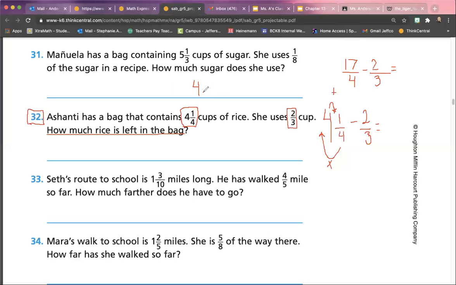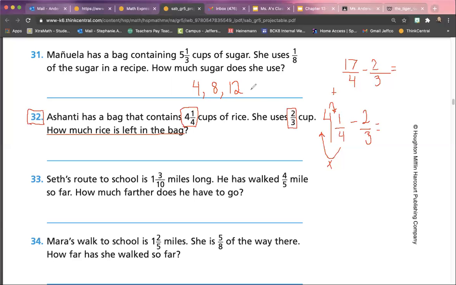We know 3 doesn't go into 4. We have 8. Does 3 go into 8? No. Next would be 12. Does 3 go into 12?